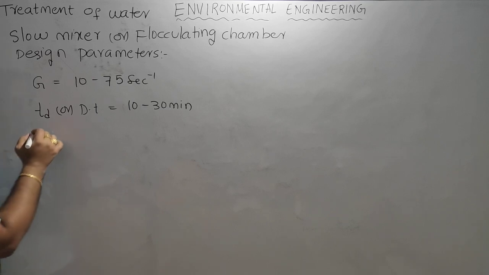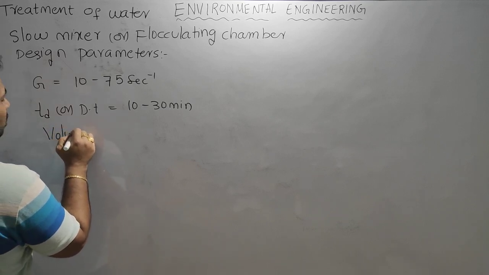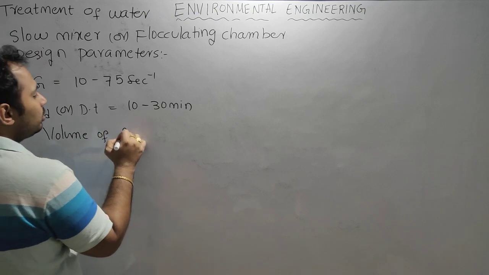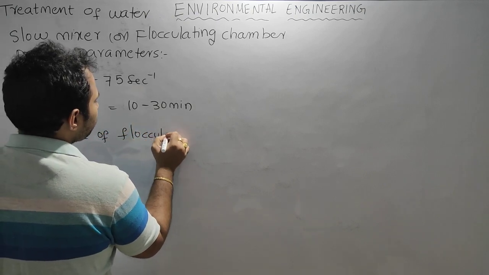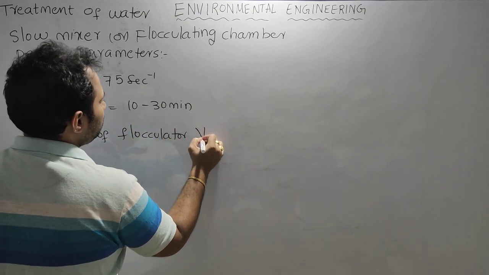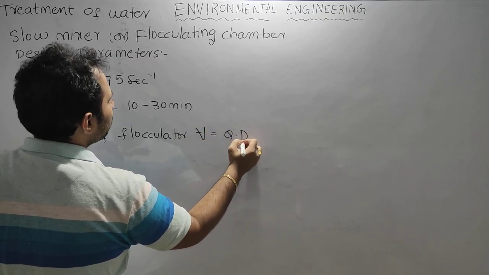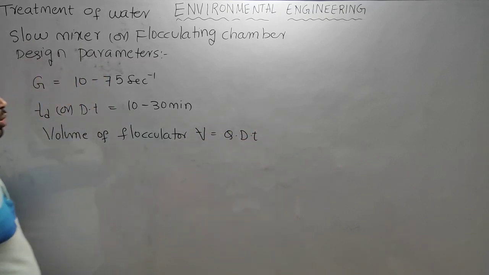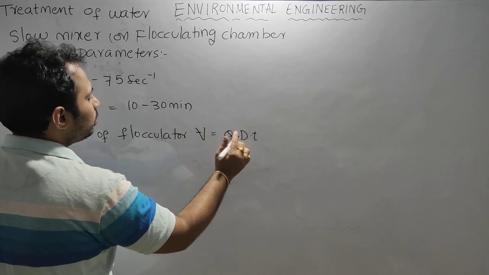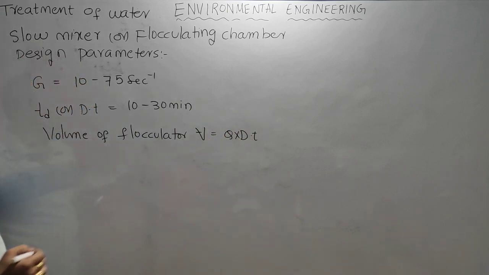The volume of the flocculator V is equal to Q into dt.